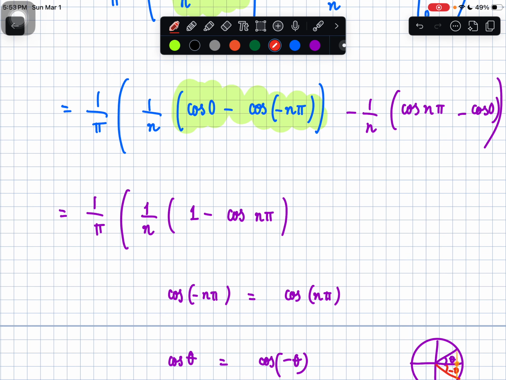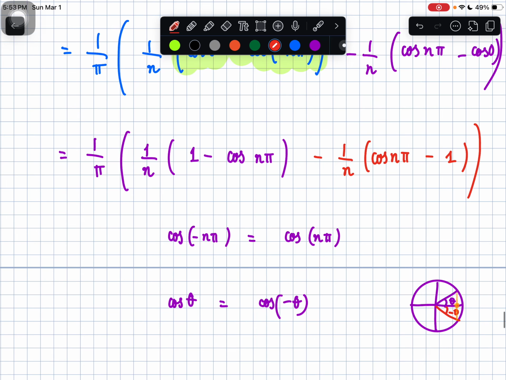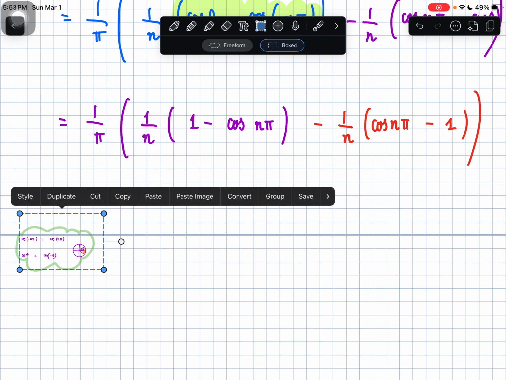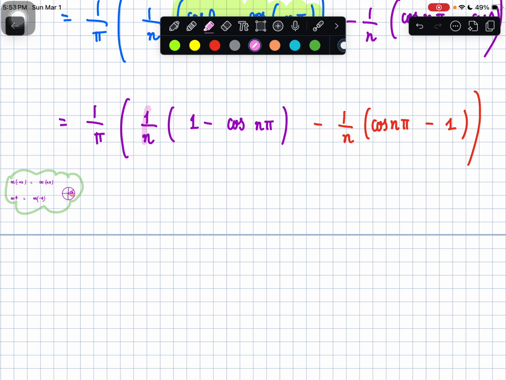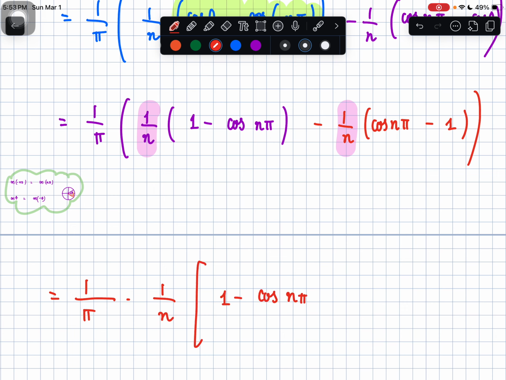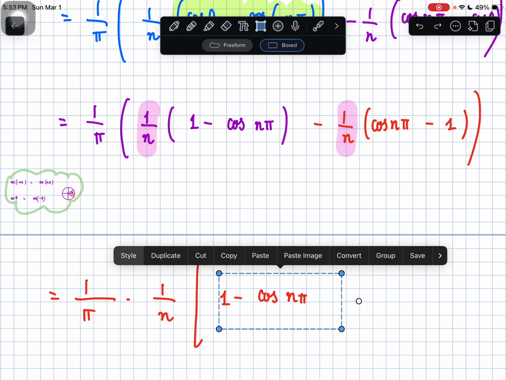For the other one, here you get minus 1 over n, cosine n pi minus 1. Cosine 0 is 1. You can group this 1 over n, 1 over n. 1 over pi times 1 over n inside of 1 minus cosine n pi, that is for the first part.